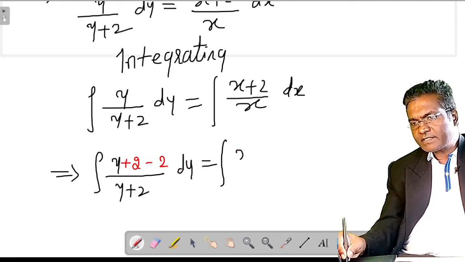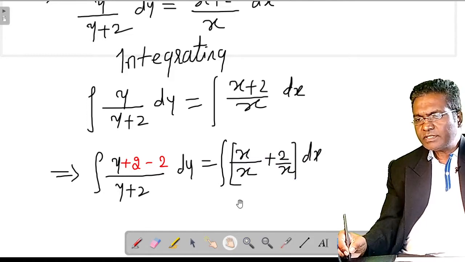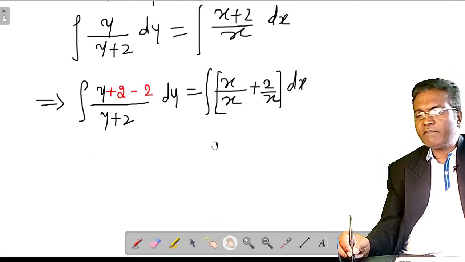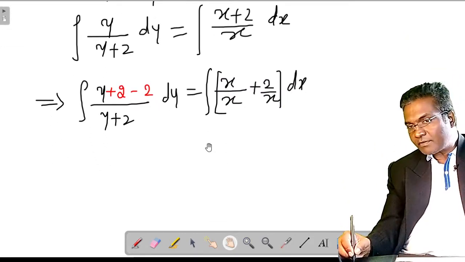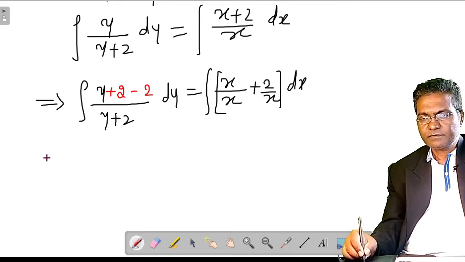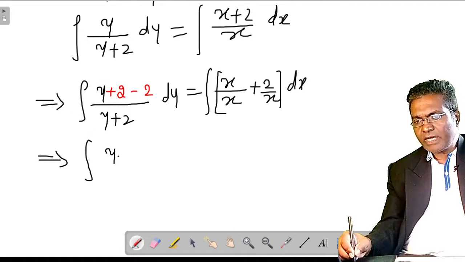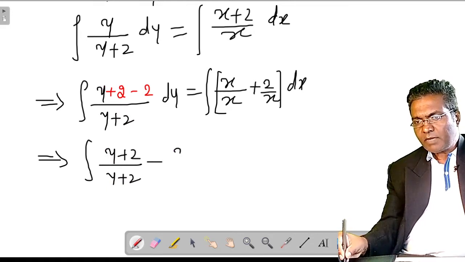Here I can just separate them, x by x, 2 by x. This idea will come only when you practice enough examples. So y plus 2 by y plus 2 minus 2 by y plus 2. I can write it like this.